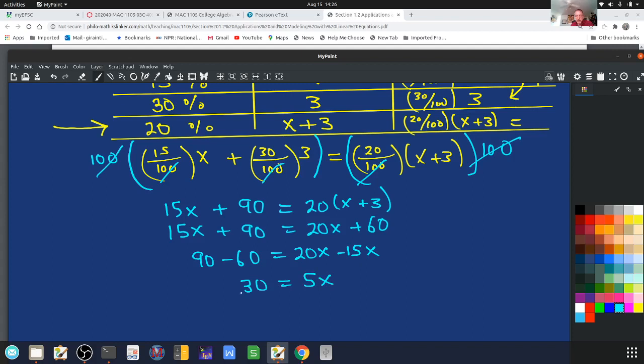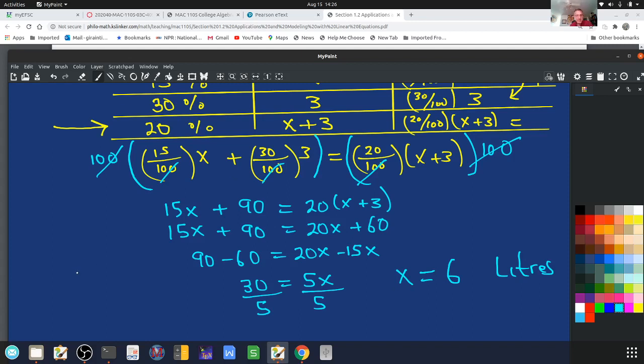I know how much 5x is. I want to know how much x is by itself. So I divide both sides through by 5. 5x divided by 5 gives me an x. 30 divided by 5 gives me 6. So I need to add 6 liters of what? The 15% solution to the 30% solution, and the result will be a 20% solution.